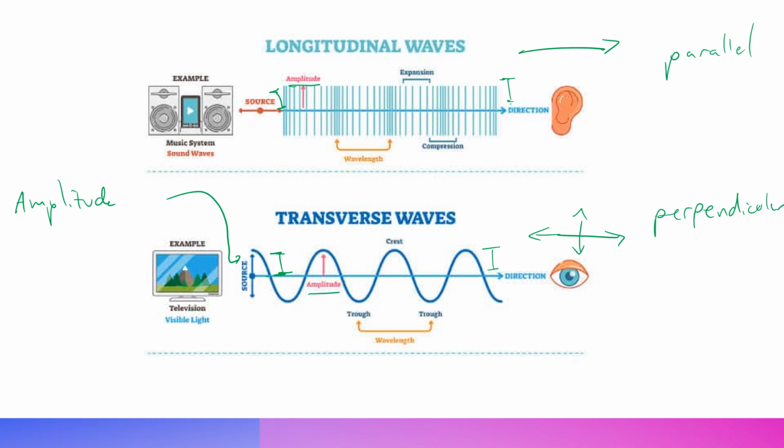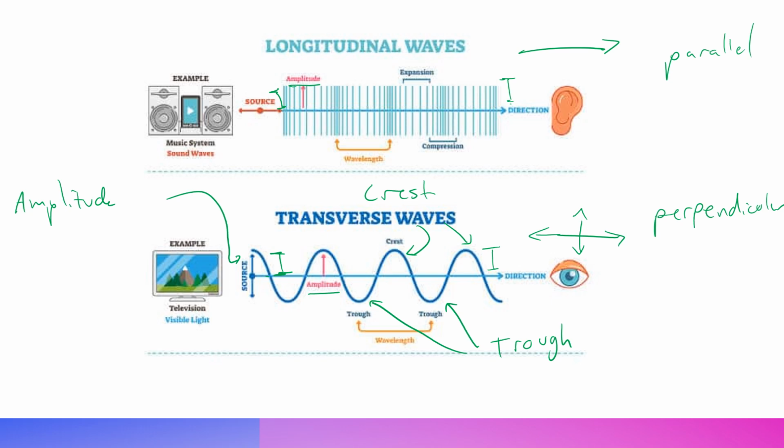On a transverse wave, we also have what's called a crest, and that's this high part right here. And then the low part is known as a trough. You're going to see that here and here. Again, this is labeled. I'm just writing it for you because it's kind of hard to see.